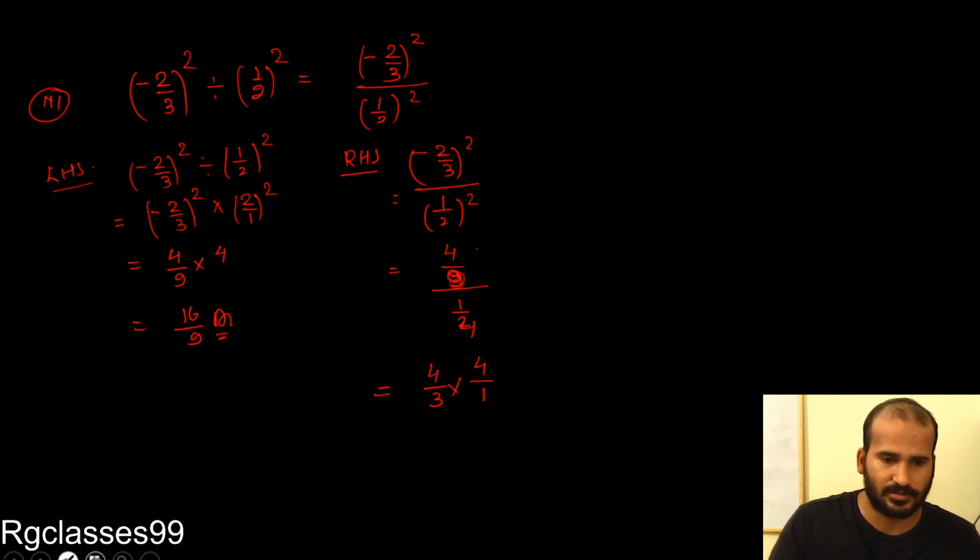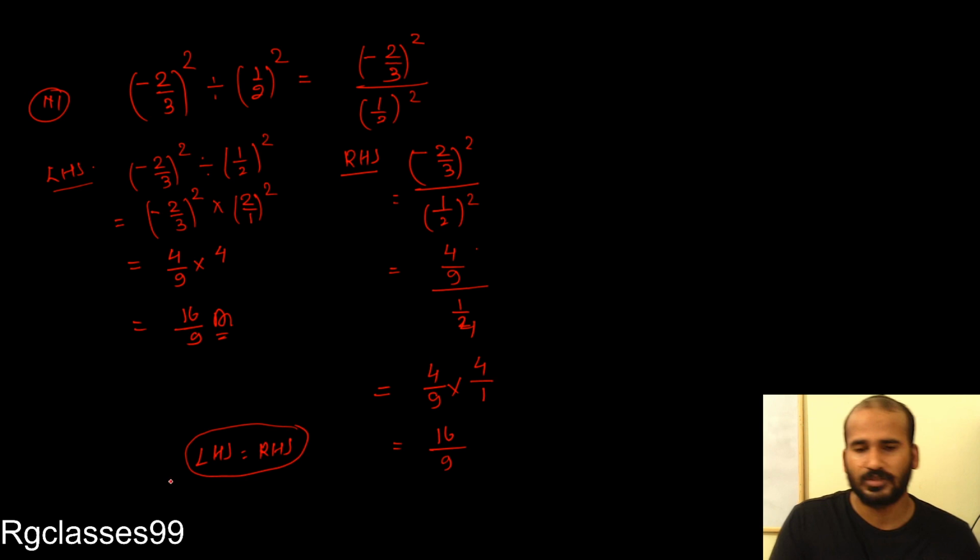Okay, just wait, this will be 9, I'm making some mistake this side. Okay, this is 9 and this is 9, and here 4 times 4 is 16 and this is 9. So here we get LHS equal to RHS, and this shows that both sides are equal, it means it is correct.